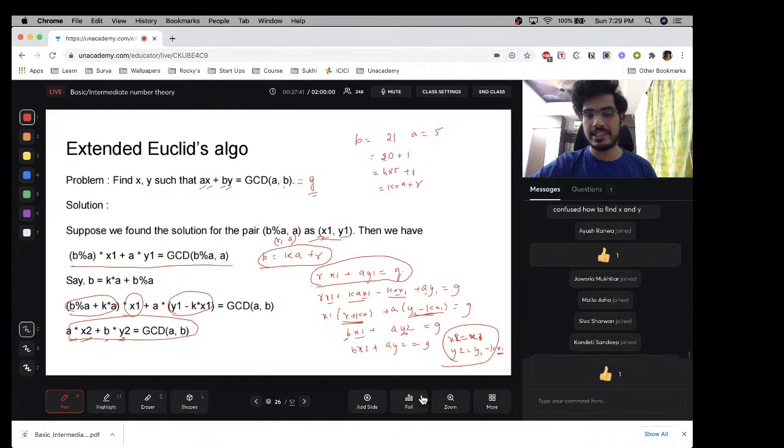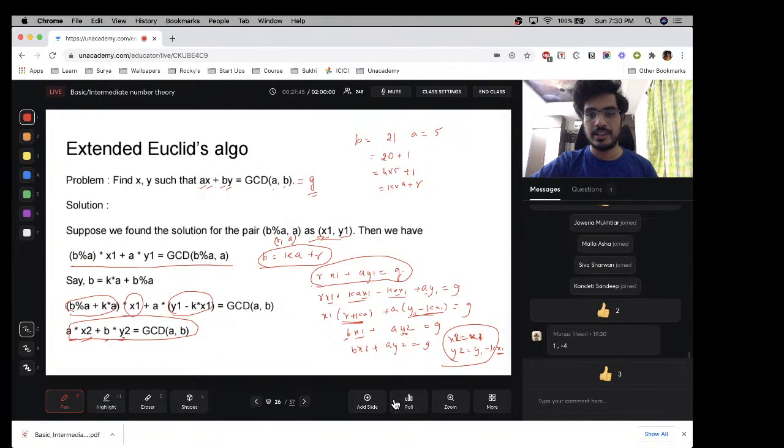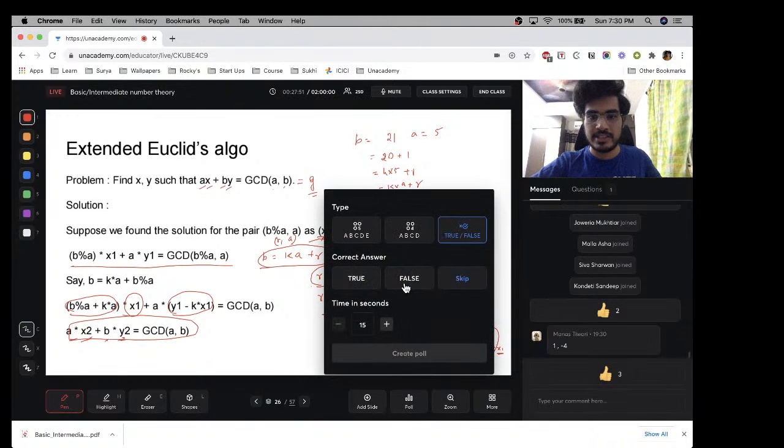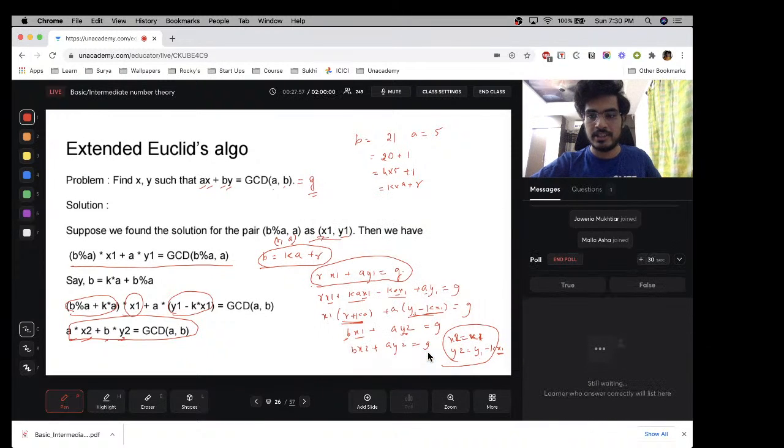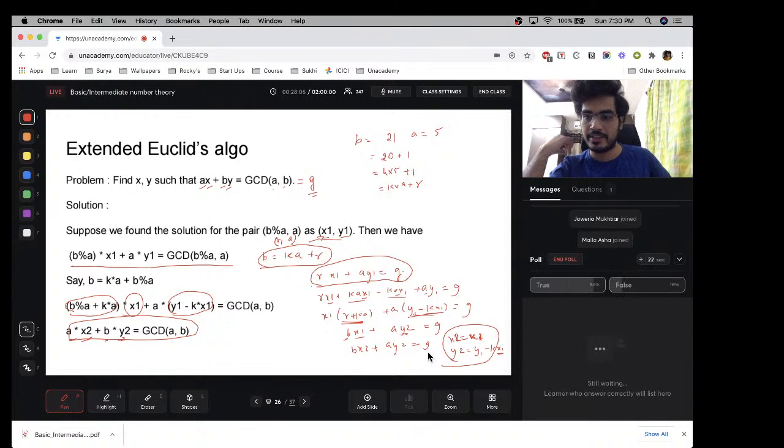I hope this is clear. Is it clear for everybody? Please answer this poll. If it's clear, then we'll move on to the next step.